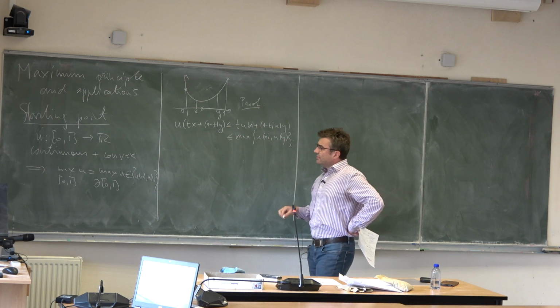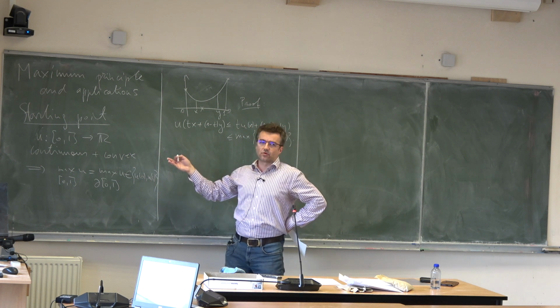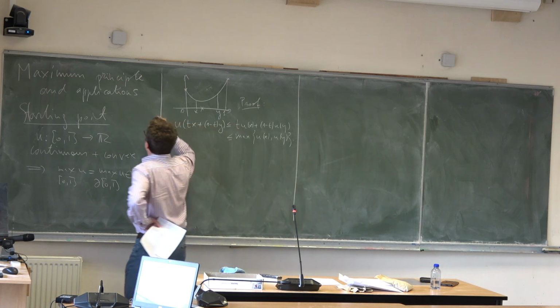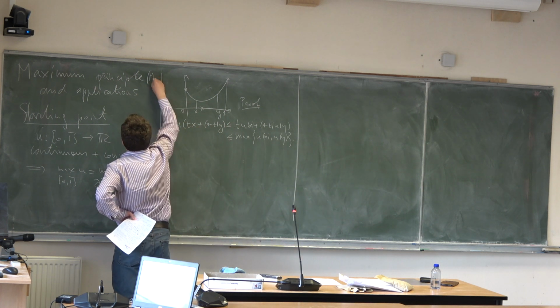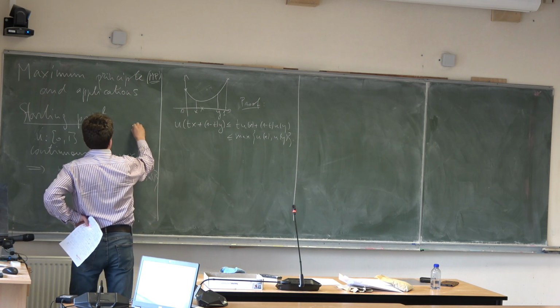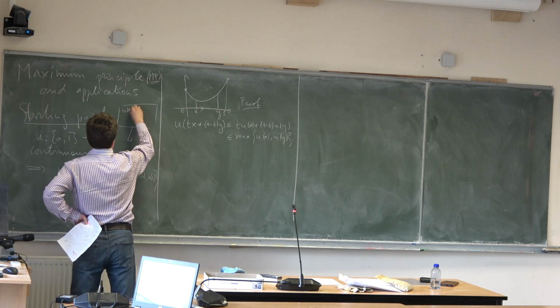Okay. So this is called the weak version of the maximum principle. In the following, I will just denote the maximum principle by MP, and this will be the weak version.